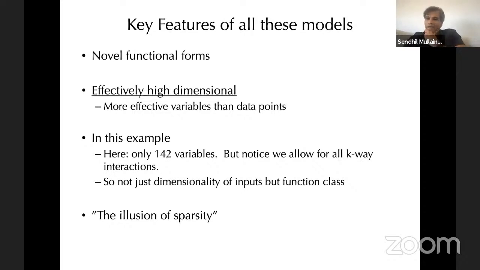All right. I want to point out there is a small literature starting out now called the illusion of sparsity, which is worth talking about. One way you can think about machine learning is you've got all these variables on the right and you're picking the few that matter, which is the sparsity case. A different way you can think about it is that the function you're going to end up with is enormously complicated.